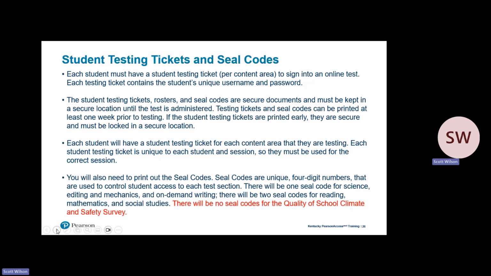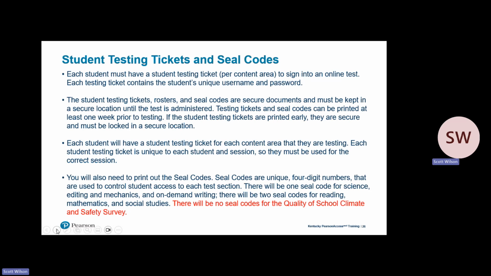Next, we'll talk about the student testing tickets and the seal codes. So each student will have a testing ticket per content area to sign into an online test. Each testing ticket contains the student's unique username and password. The testing tickets, rosters, and seal codes are secure documents and must be in a secure location until the test is administered.